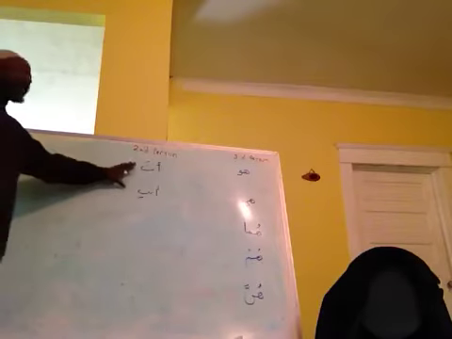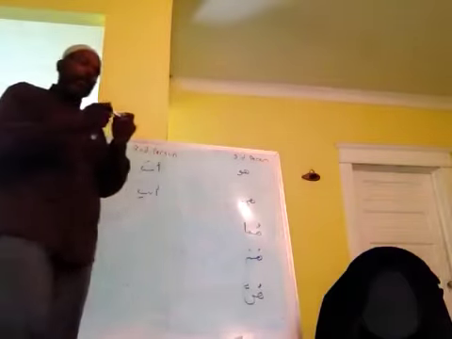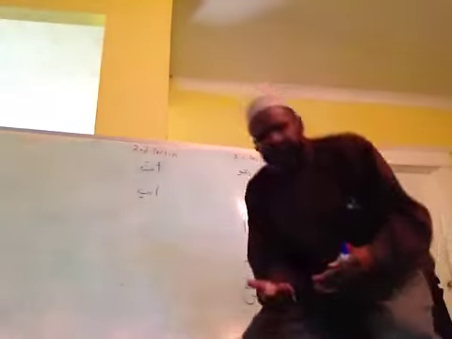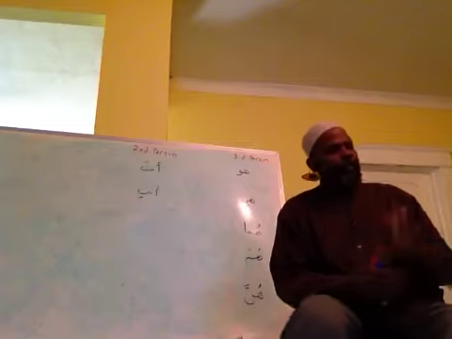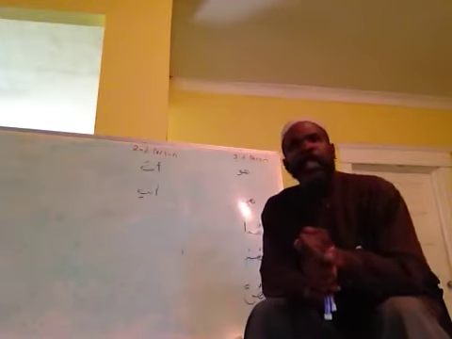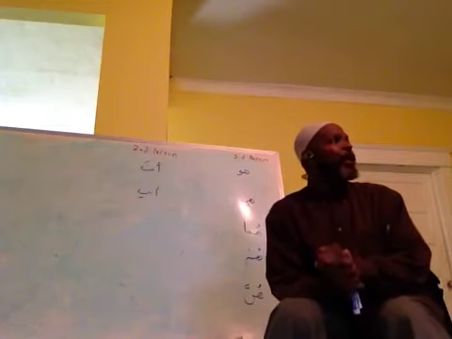So that's our singular. Now we want to do our duals, and then we go to our plurals, but it's the same concept. Think about what we're saying. In English, this is where the separation comes in, because it's not gender nor number specific like in Arabic.